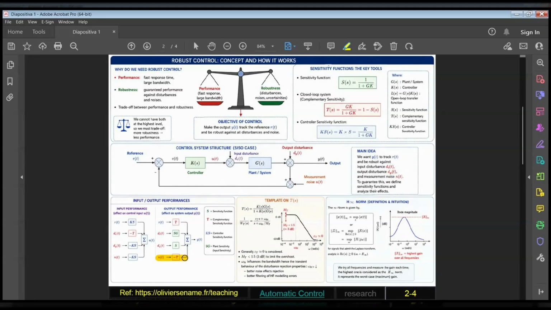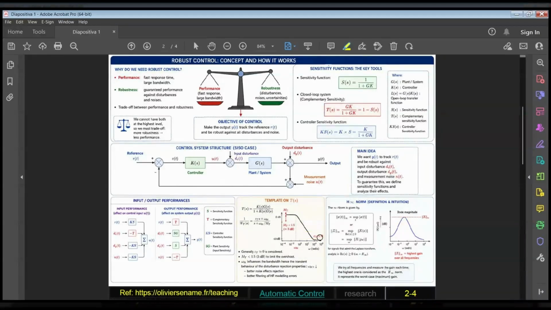To solve this problem, we work in the frequency domain. The reference signal usually changes slowly and belongs mainly to the low frequency region. Noise usually changes very quickly and belongs mainly to the high frequency region.